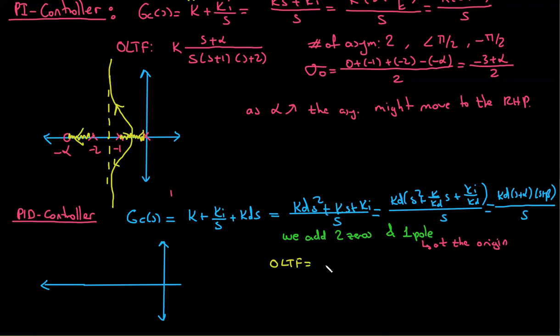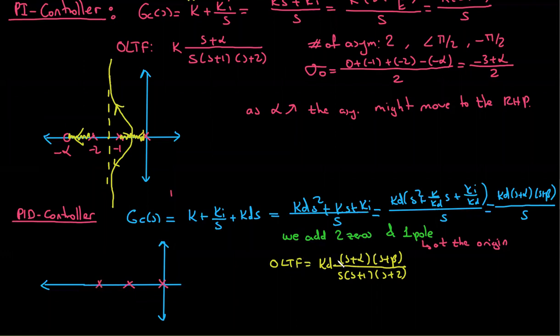So it will be equal to kd times (s plus alpha)(s plus beta), divided by s times (s plus 1) times (s plus 2). So let me place my open loop zeros and open loop poles: open loop poles at the origin, -1 and -2.